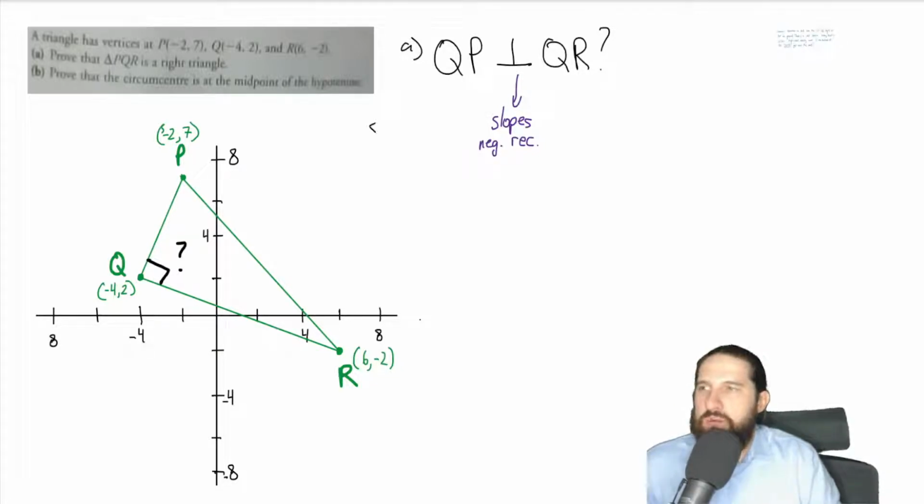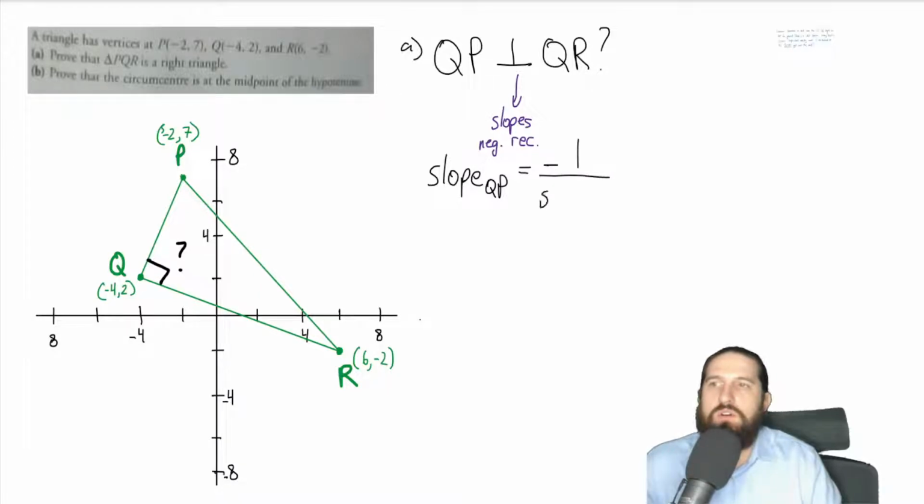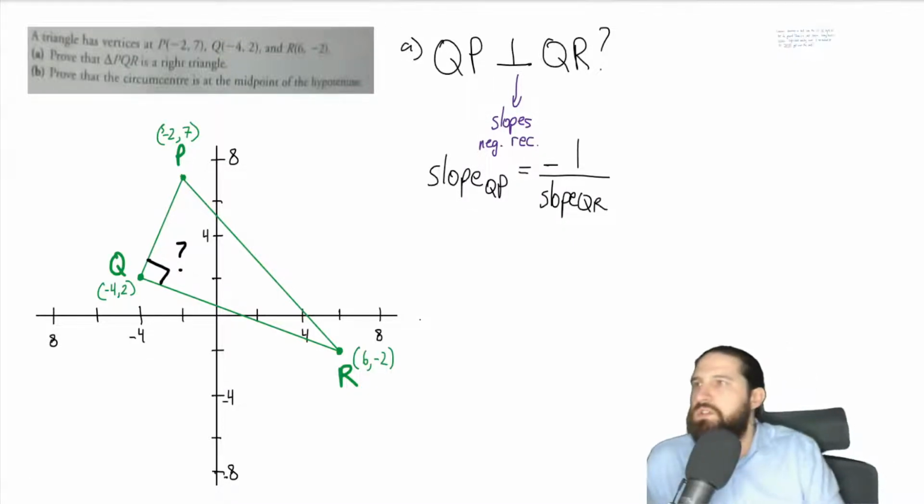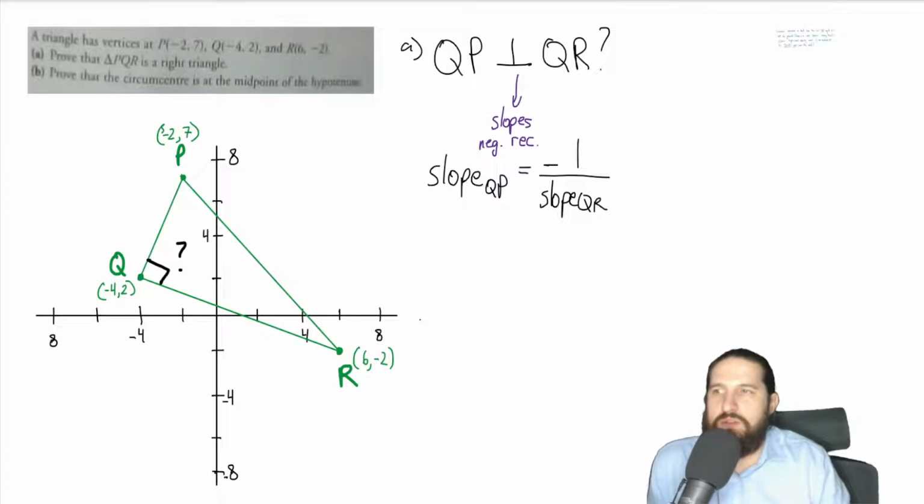So the slope of QP, is it equal to -1 over the slope of QR? So what we just need to do then is to find the slope of each of these, okay?